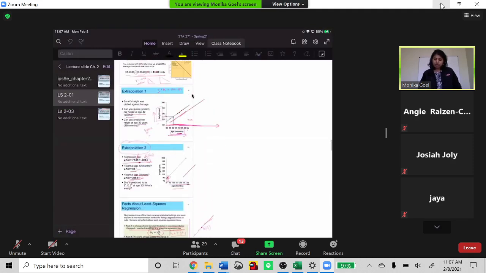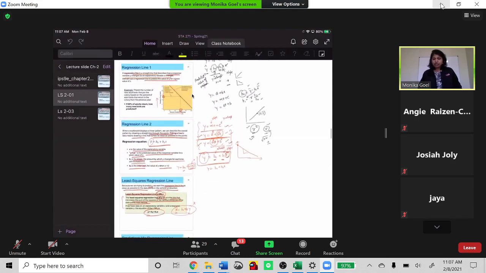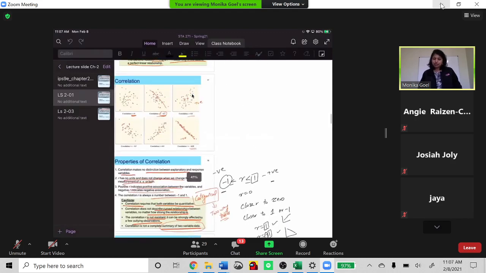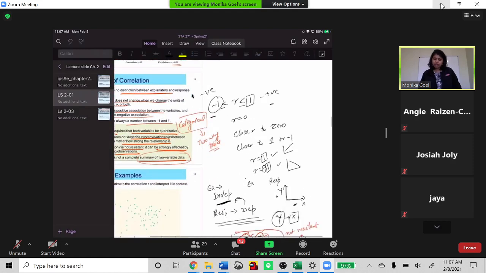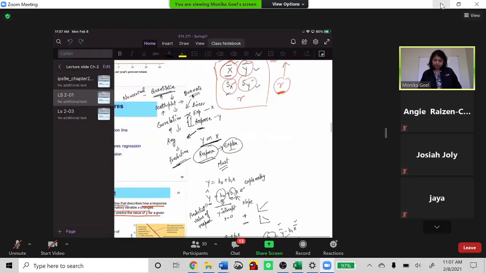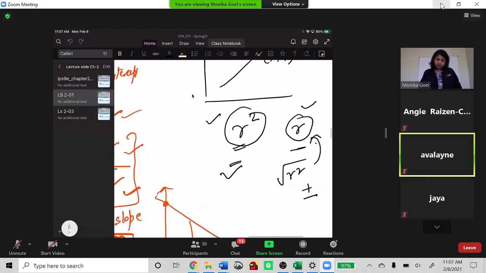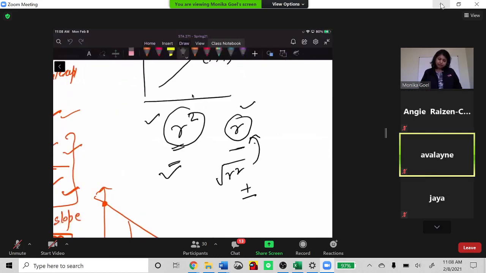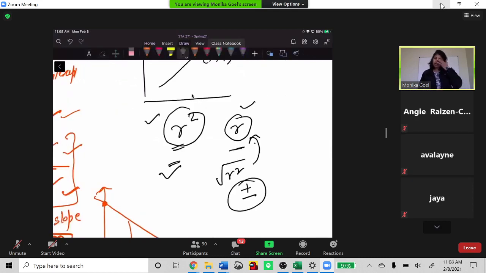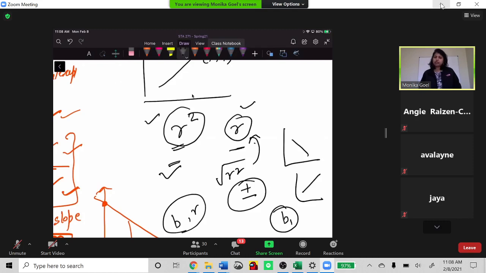If you see the regression line is negative, then you know that your slope is negative, so take the negative value, otherwise take the positive value. Either look at the scatter plot or look at the slope. Slope and correlation coefficient share the same sign. If one is positive, the other is positive. If one is negative, the other is negative.